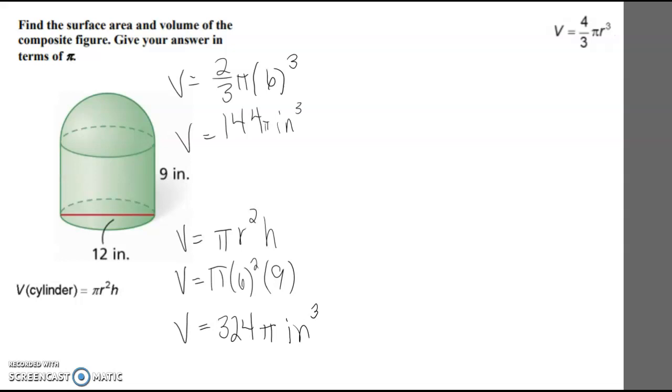In order to find the total volume of this composite figure, all we have to do is add our two volumes together, and we get the volume of the composite figure is 468 pi inches cubed.